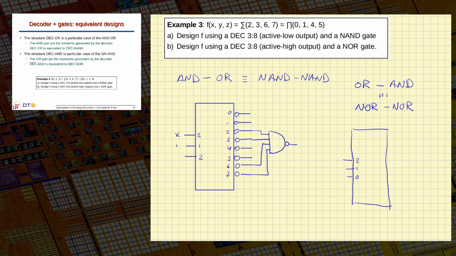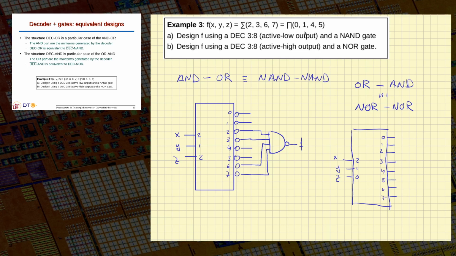Of course, we have X, Y, and Z in this order here. This is F, X, Y, and Z. And now we have the 8 outputs, 0, 1, 2, 3, 4, 5, 6, and 7.